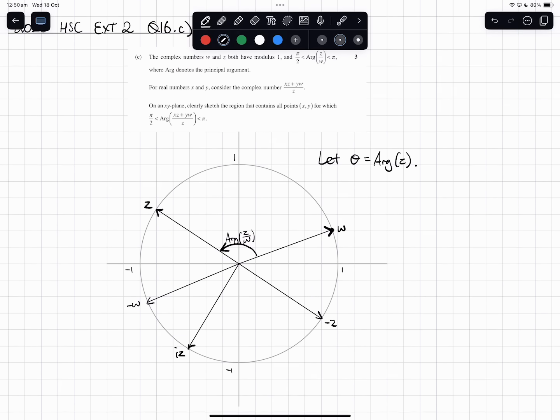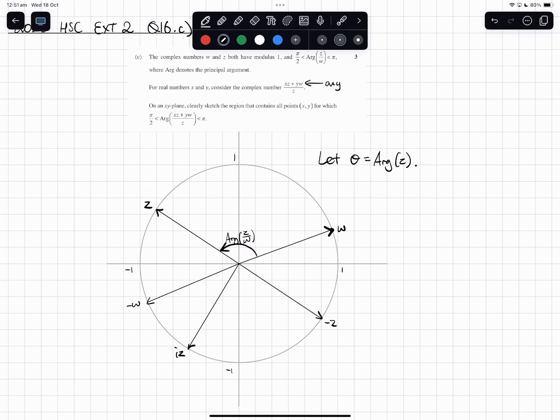So let's now unpack this expression here, the xz plus yw. What does that really mean? Well, for any real numbers x and y, we are taking linear combinations of z and w. So essentially, this is the entire complex plane.